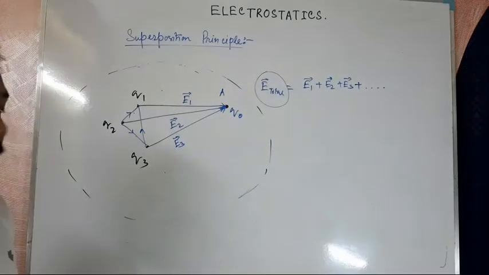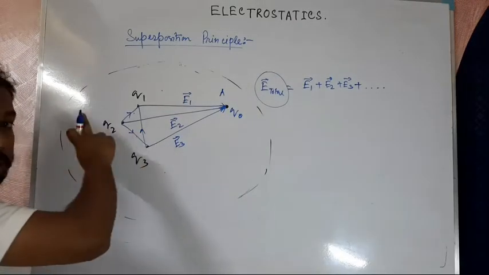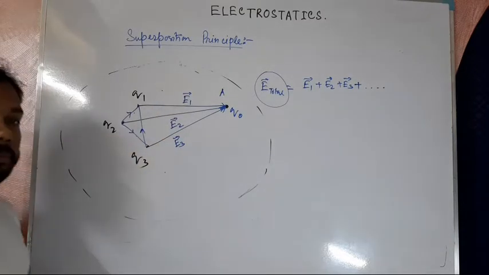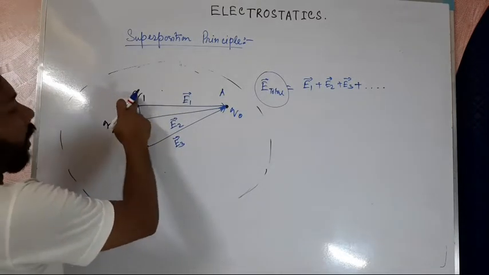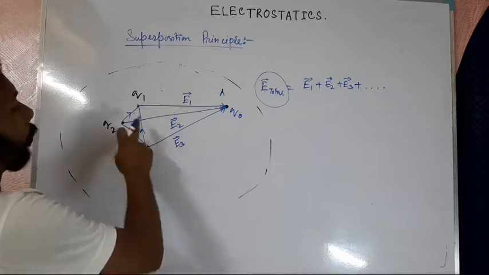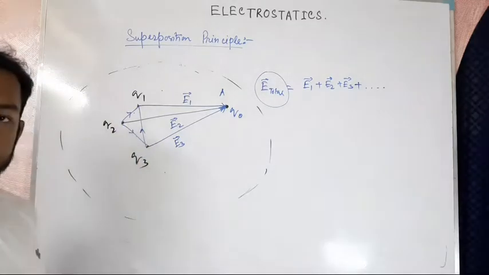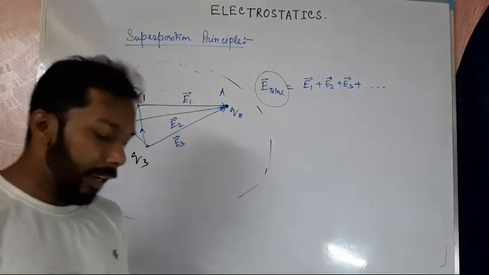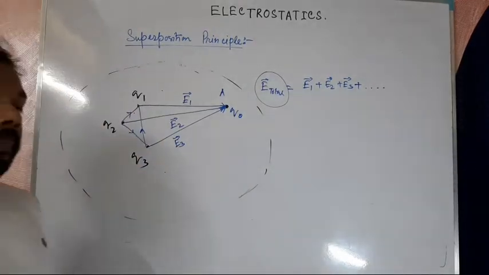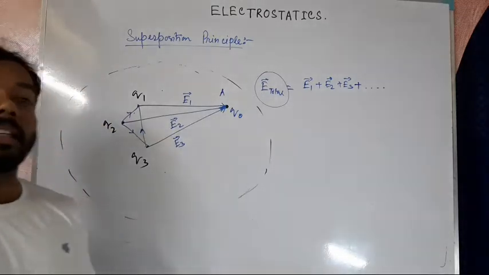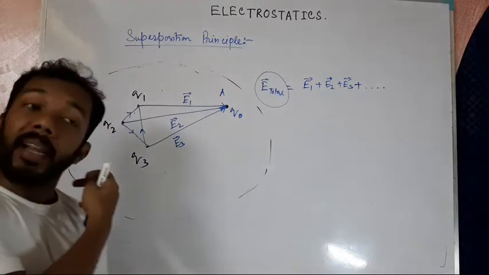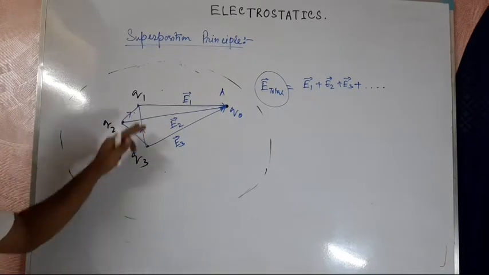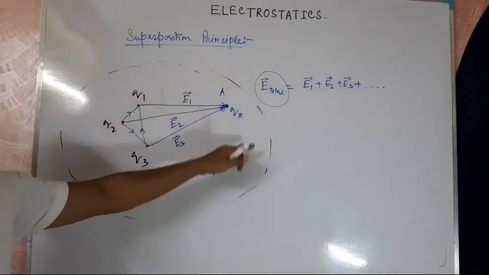It implies that the presence of these charges does not change the value of the electric field that the first charge would have produced when they are not present. So the electric field at any point within an electric field is independent of the presence of other charges.